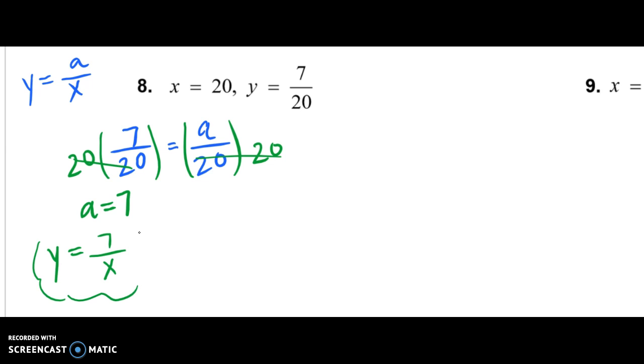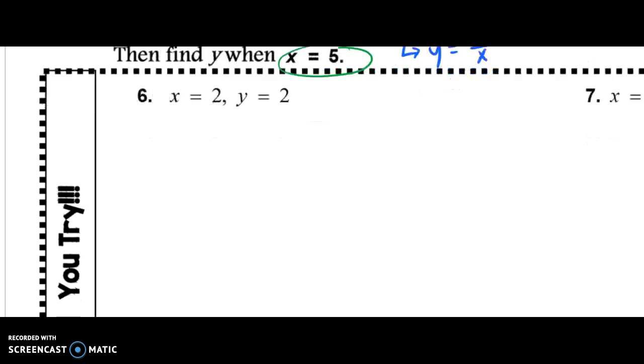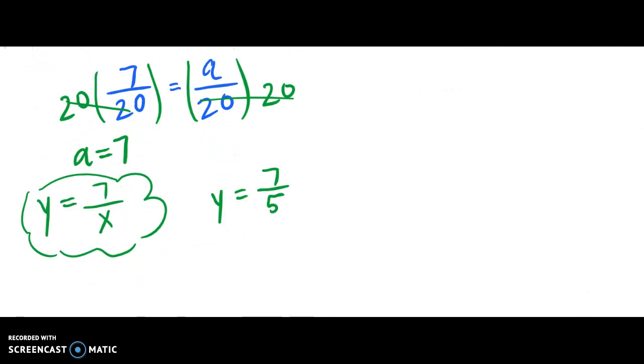And this is our general equation. Now using this equation, they tell us that x equals 5, so we need to plug that in and figure out what y is. When we plug it in, we just see that y equals 7 over 5. You can't reduce that, so that's our answer.